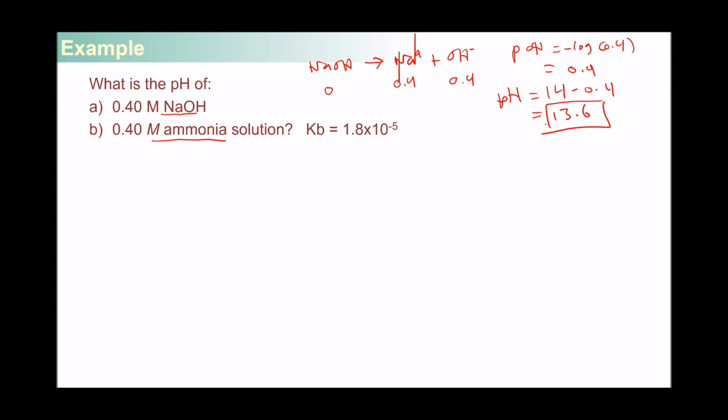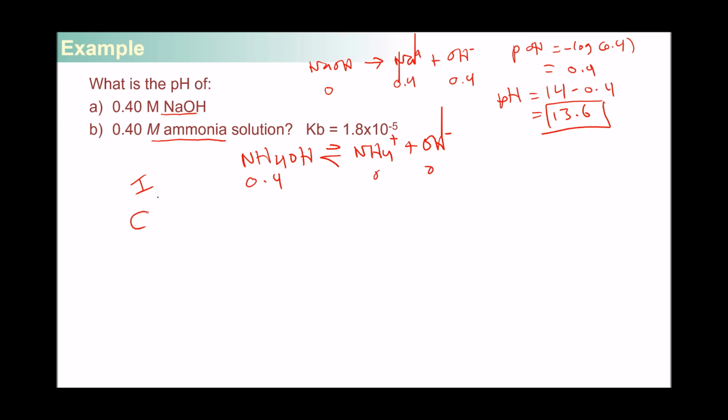For the weak base solution, an ammonia solution, this is a weak base, so it's gonna basically split according to equilibrium principles. So it's gonna make NH4 plus and OH minus, and you start with the initial condition of 0.4 molar of the molecule, 0 of the ions.